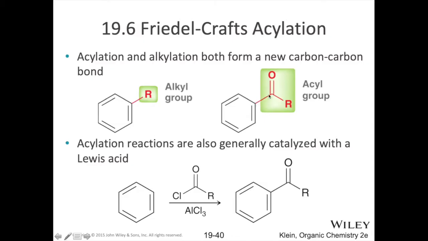Again, very similar to a ketone in that you have these two carbons attached to your carbonyl carbon, but specifically when we have a carbonyl with an R group attached to it, we refer to that as an acyl group. The difference here, of course, is that we're still using a Lewis acid, but instead of an alkyl halide, we're going to use an acyl halide, or an acid chloride, as it's also known. So instead of our alkyl group attached to our chlorine leaving group, we have our acyl group here.